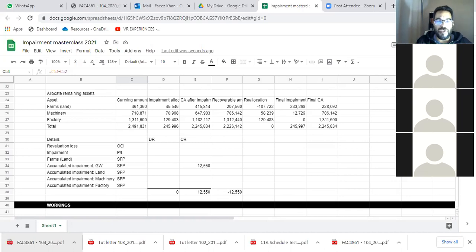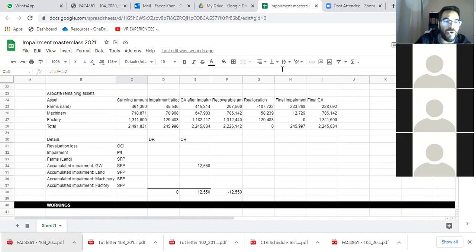You must first tell yourself that the revaluation relates to the land, and that is 52,000. So you need to ask yourself, what is the impairment loss against the land? If the impairment loss against the land is more than 52, you first write off against revaluation, and the remaining gets written off against impairment.